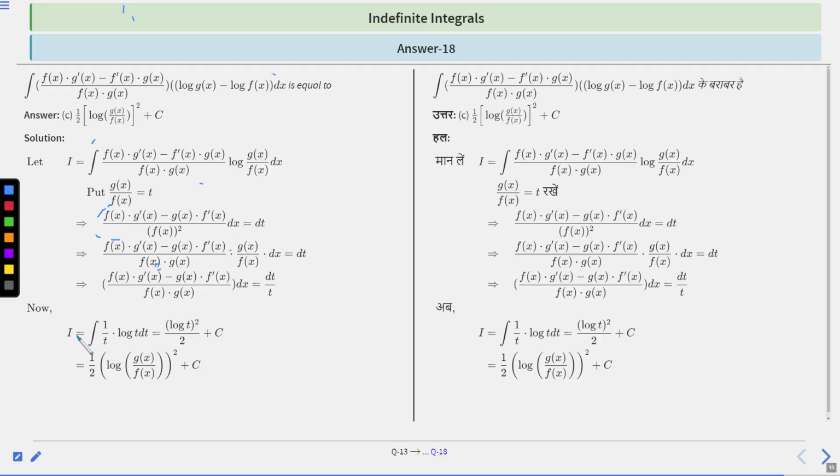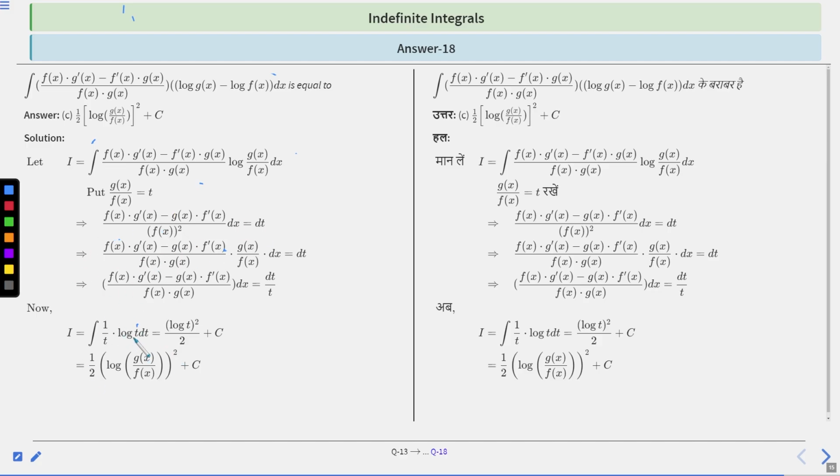Right. So I is basically integration of dt upon t into log g(x) upon f(x). So g(x) upon f(x) is basically t, right? So it can be easily written as integration of 1 by t log t dt, right?